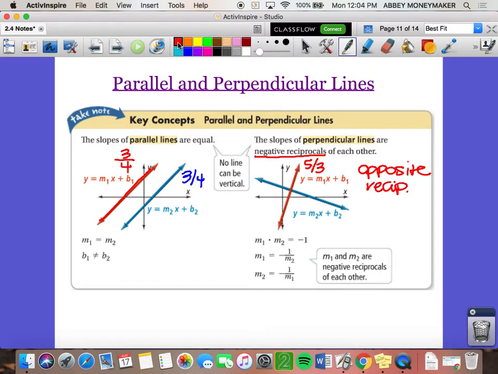It looks pretty steep. Well, then the other line would have a slope of negative 3/5. So the opposite came from the opposite sign. The reciprocal means you flipped the fraction. So what was 5/3 now becomes 3/5. And again, it's opposite as well.